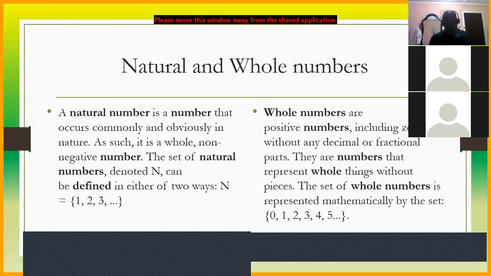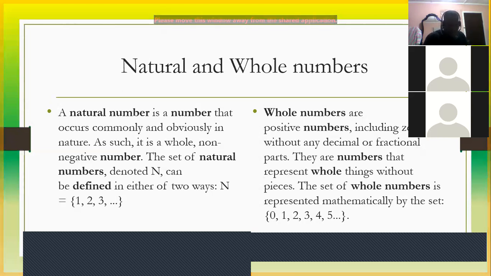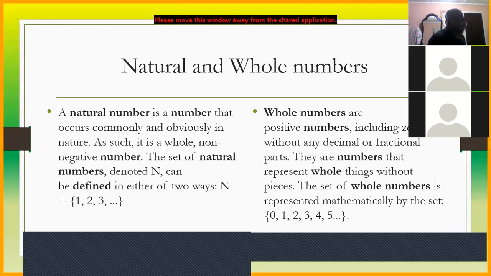One set starts from 0 and the other set starts from 1. Very good. That's what I wanted you to recognize. So zero is not a natural number, right? Yes. Good. So all numbers are both natural and whole except for zero. Okay, all right, good.